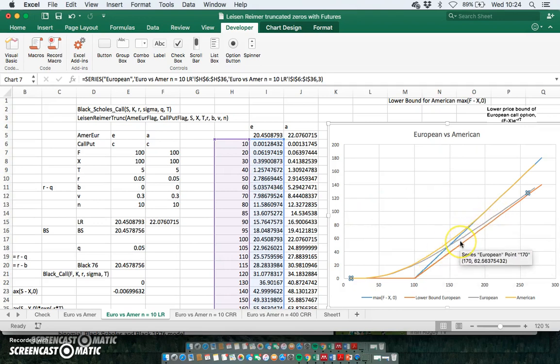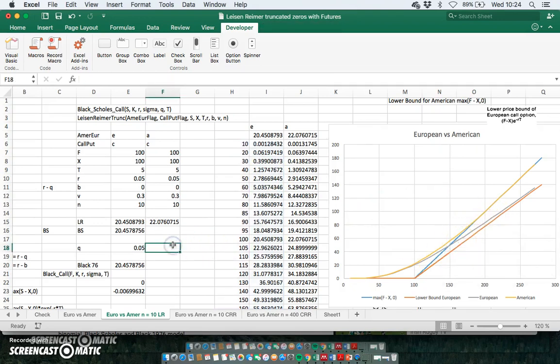curve here. We can do a little bit of stress testing to see under what circumstances European and American options are alike or close to each other, and under what circumstances we get a significant gap. There are two obvious ones.